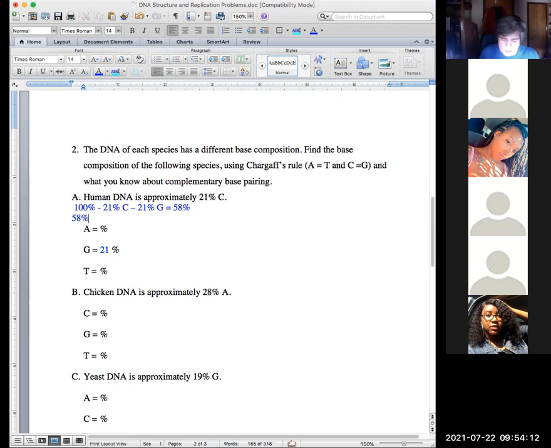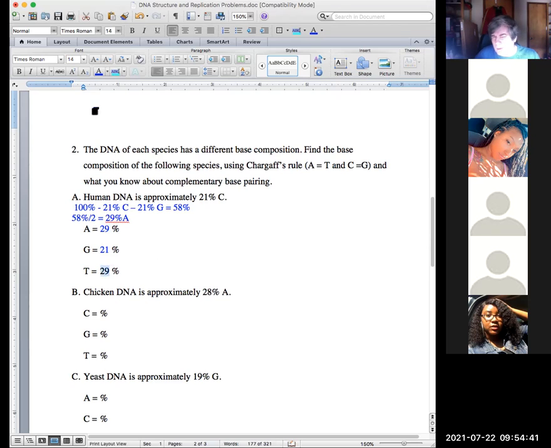Now, if we look at this 58%, how much is A and how much is T? Well, the key is we know that A and T always pair together. So half of this will be A. Oops, let's put an equal sign and a plus sign. So half of this will be A, and if A is 29%, then we know that T is 29%.